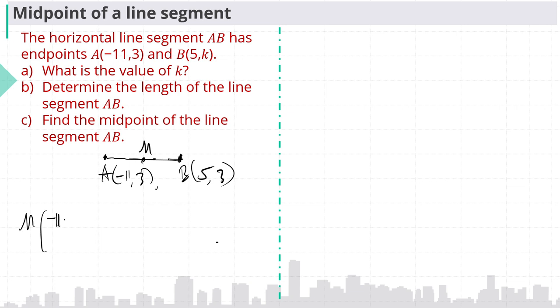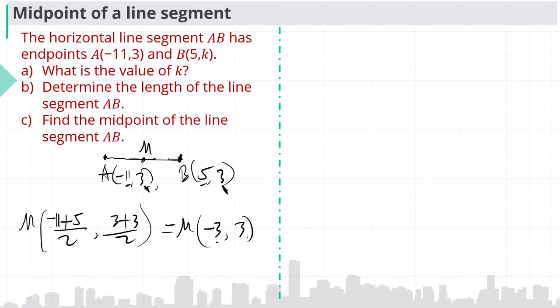We add the x coordinates of the endpoints and divide by 2. We also go for the y coordinates of the endpoints, add them, divide by 2. So that gives minus 6 divided by 2, that's minus 3. 6 divided by 2 gives you 3. So this is the midpoint of the line segment.